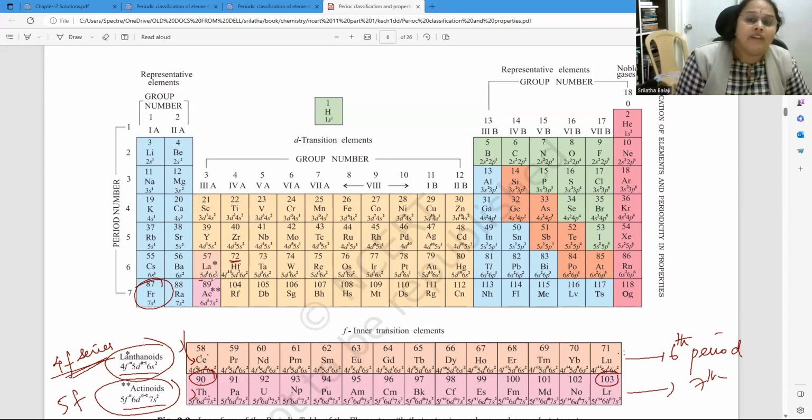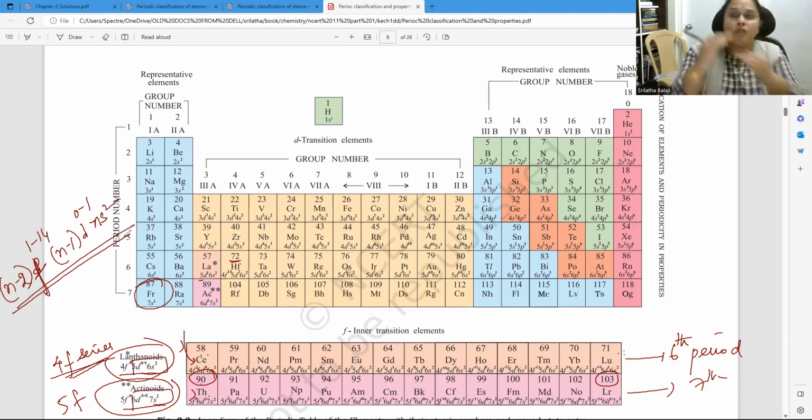If you see here, what is common is 5d1, 6s2, 6d1. So in general, the electronic configuration is (n-2)f1 to 14, (n-1)d0 to 1, ns2. This is the general configuration of both lanthanoids and actinoids.